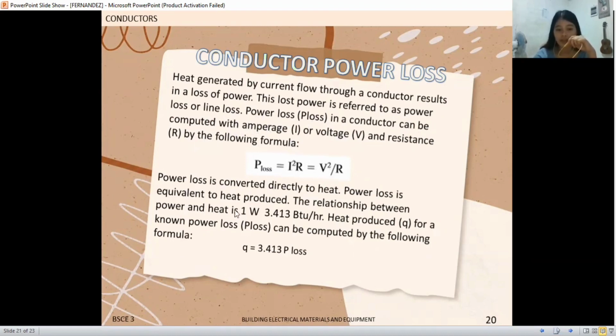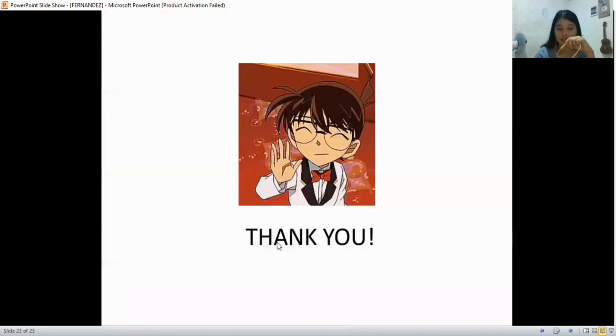Power loss is equivalent to the heat produced. The relationship between power and heat is 1 W equals 3.413 BTU per hour. Heat produced, or Q, for a given power loss can be computed with the following formula: Q is equal to 3.413 times P loss. So that's all.